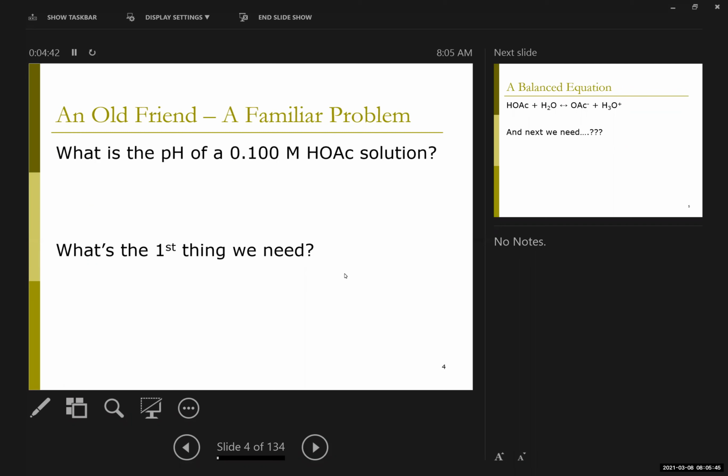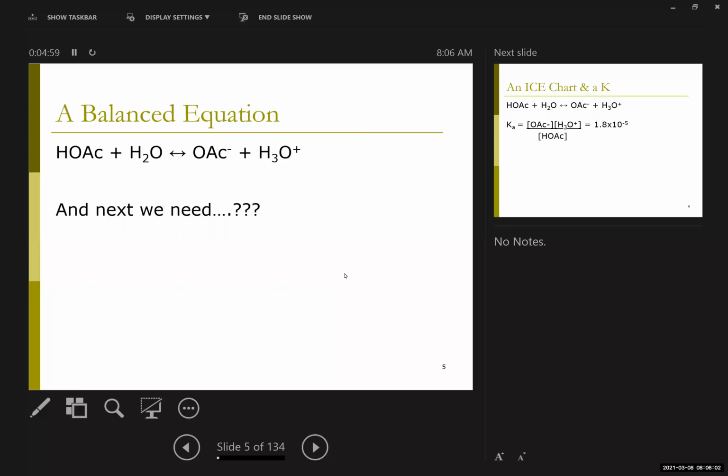So as a baseline, I remind you of our very first acid-base problem, which was the pH of good old acetic acid. If I had a 0.1 molar solution of acetic acid, the only thing I have is acetic acid and water. And so my balanced equation was acetic acid and water with a single proton transfer from the acid, acetic acid, to the base, water, which gave me acetate and hydronium.